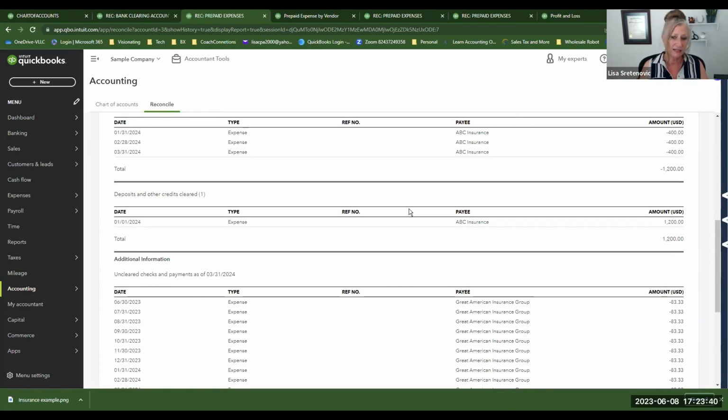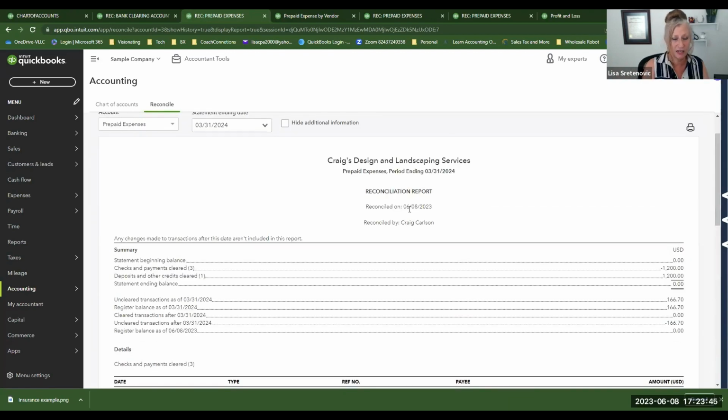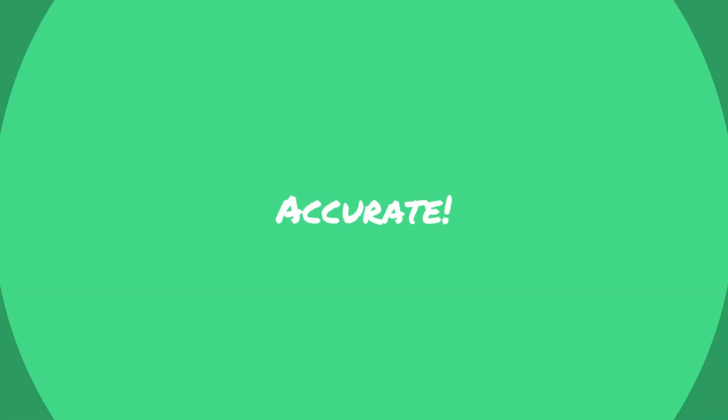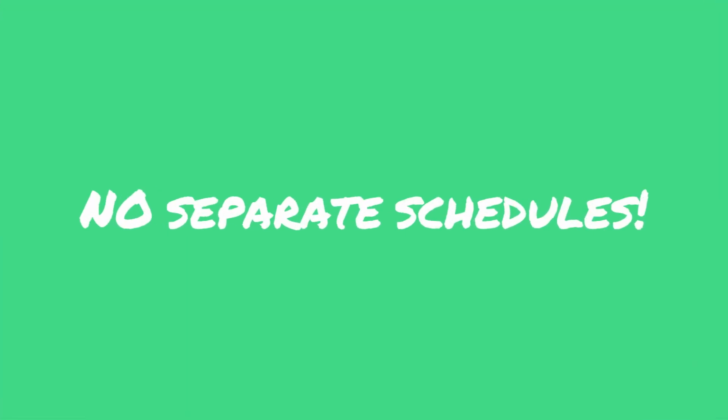So by utilizing the functionality of a $0 expense form, as well as the reconciliation feature, now you are confident that your numbers are not only complete, but they are accurate, and you also get the added value of not having to have a separate schedule.